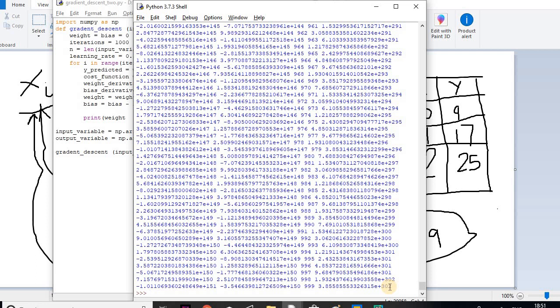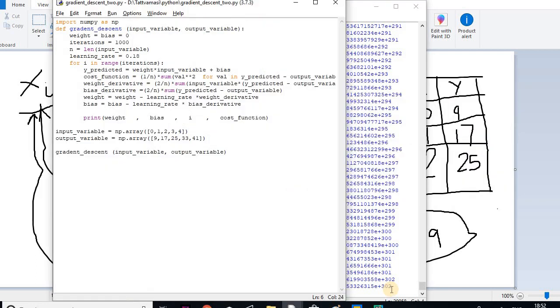We need to get a minimum value. From 0.2 we reduced it to 0.18, but it's not working. The cost function is increasing, and the weight and bias are nowhere near our values. It goes from 2 exponent 297 to 302. So the value 0.18 also is not working.